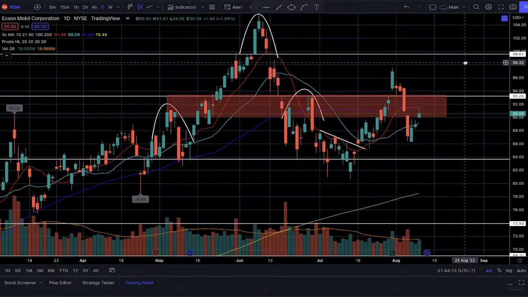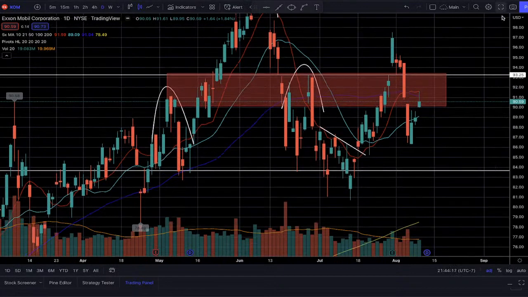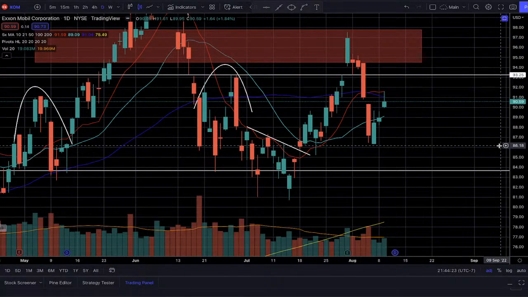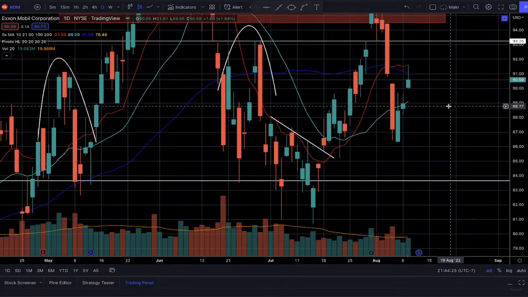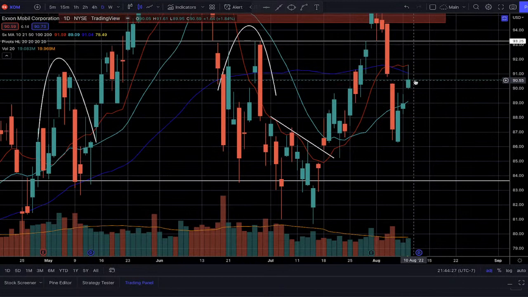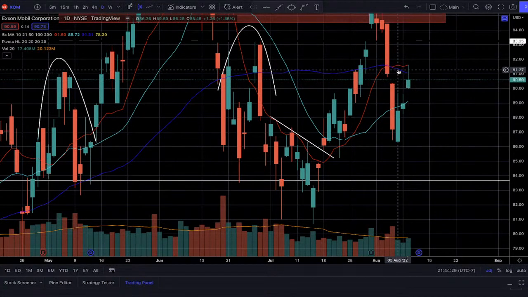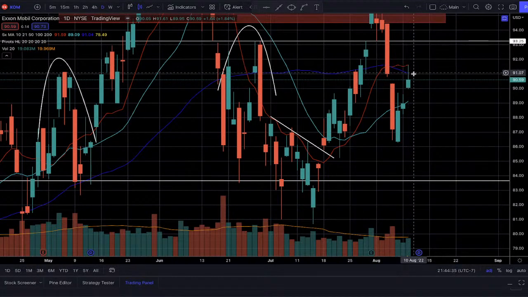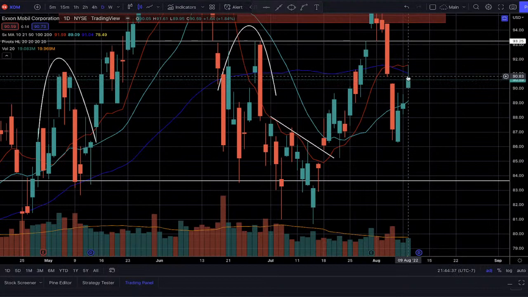So if you come back to XOM and translate what I said on XLE to XOM here, XOM looks a lot worse. Why? Well, let me briefly remove the supply area for a second. Okay, so XOM rejected off of both the 50 and the 10. And guess what? It had an amazing, perfect retest at the 10 SMA, and then absolutely fell right back down and below the 50 SMA.